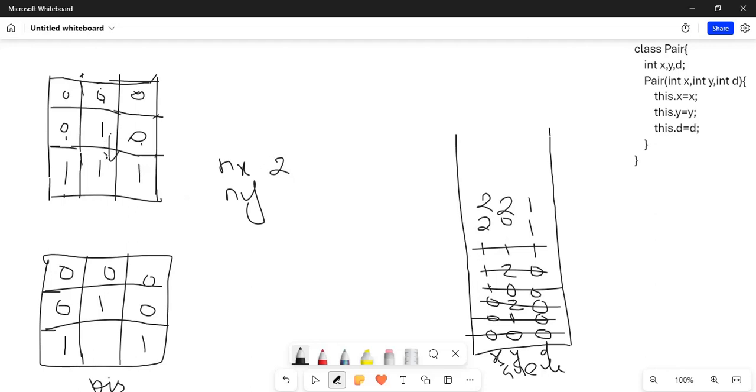And if you go in the below direction, the column will not change, so the column will be the same, 1. The answer for this will be d plus 1. Here d is 1, so d plus 1 is 2. That means for this cell the answer will be 2. And also put it in the queue.